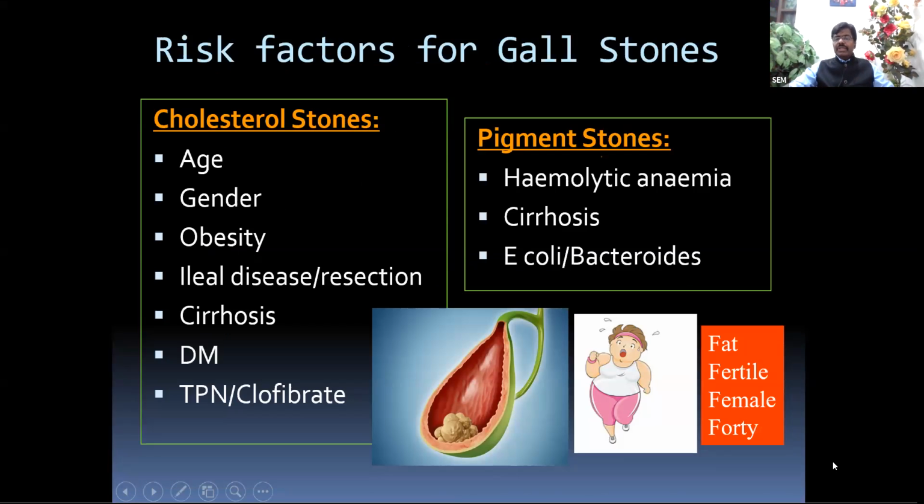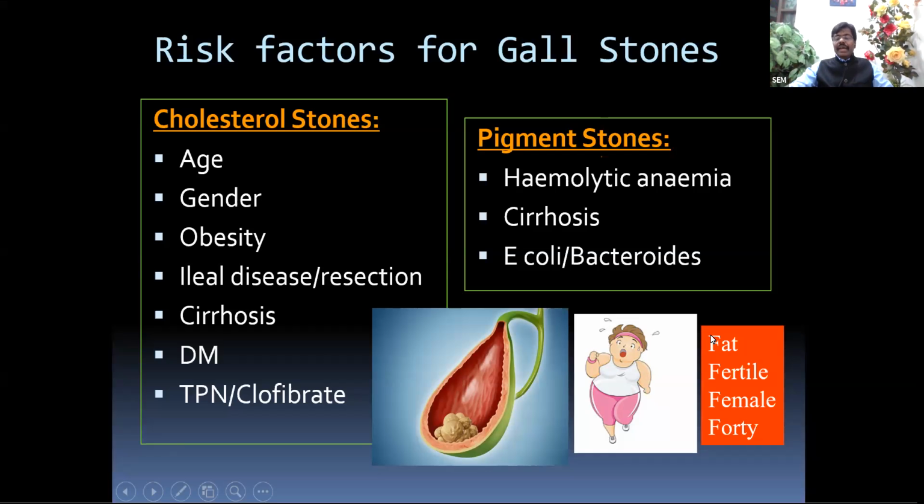Next important thing is, why do people develop stones? And what are the problems because of the stones? These are the two things you need to understand. If you see this busy slide, there are at least 10 reasons why people develop stones. What are the 10 things? That is age, gender, obesity.